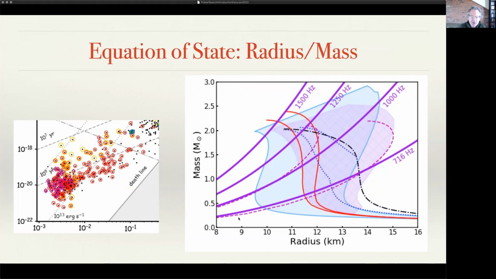Okay, and so basically any model for this says that you can't be below this line. So if we were to find faster and faster pulsars, we would rule out all of these lines. So these lines here, these curved lines, all correspond to different models for the pulsar.